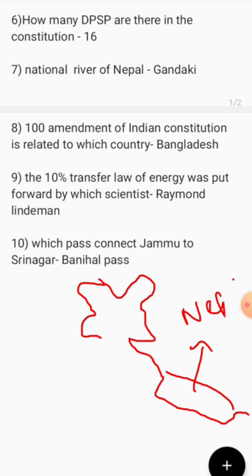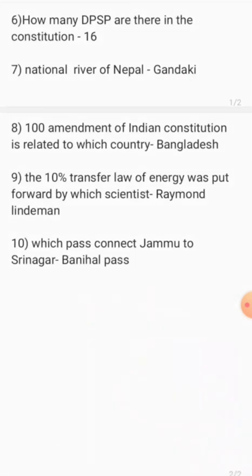So the river known as Gandaki, which is the national river of Nepal, is a tributary of our national river Ganga. So the Ganga, which originates from Gaumukh glacier, travels through here, and the Gandaki connects with the Ganga. So the Gandaki is a tributary of the Ganga.